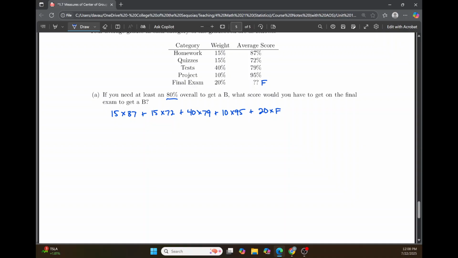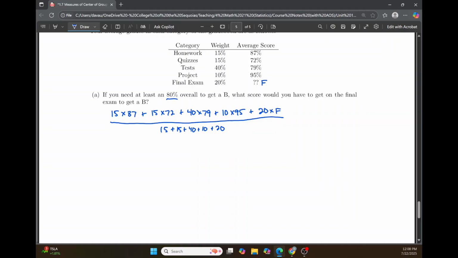Okay. And then to calculate your weighted average, we would need to divide that by the sum of the weights, right? So 15 plus 15 plus 40 plus 10 plus 20. And that should add up to 100, right? You should have a total of 100% possible. Okay, we need this to be at least 80%.